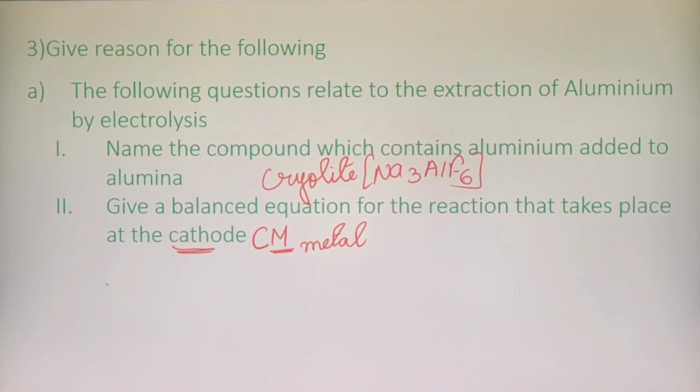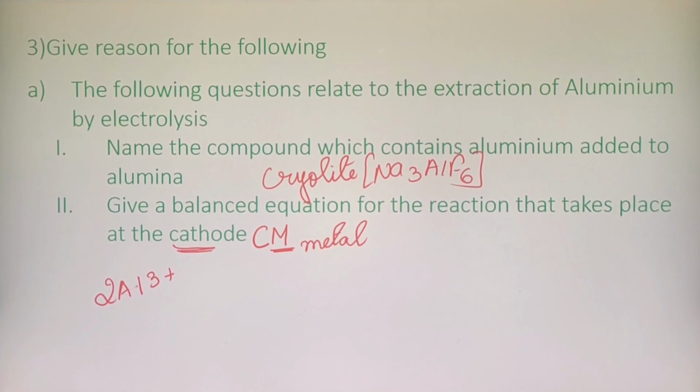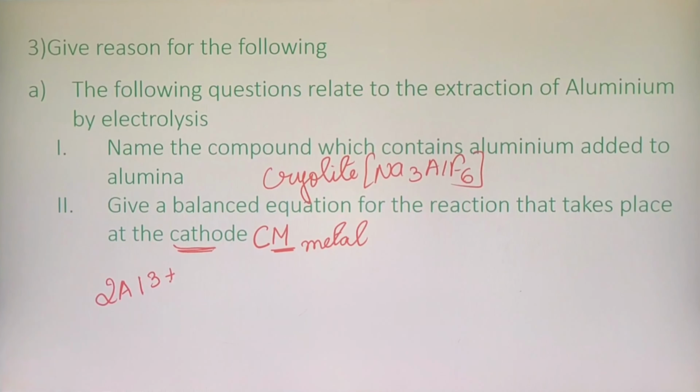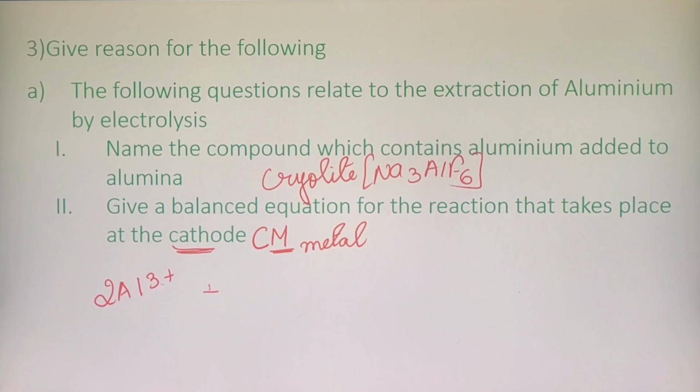So of course it will be 2Al3+, because we know at the cathode my metal will always come and get stuck. So at my cathode, 2Al3+ is coming. If it's a plus here, it's a plus here as well. 2 into 3 is 6 electrons. Am I clear? So 2 into 3 becomes 6.